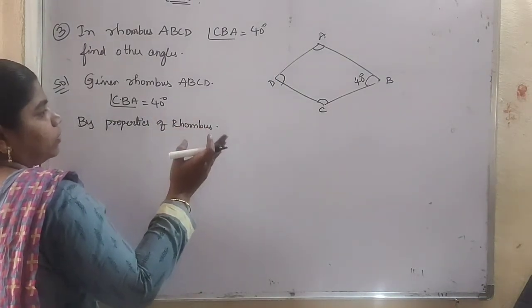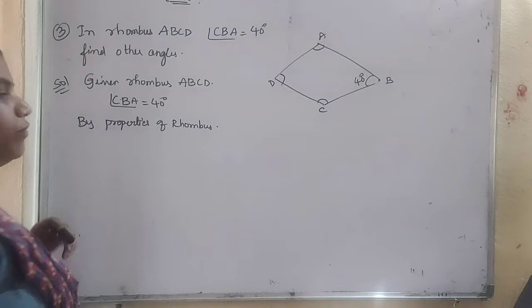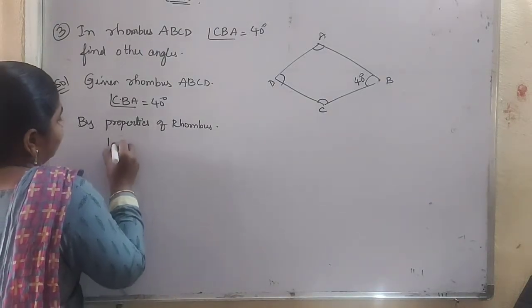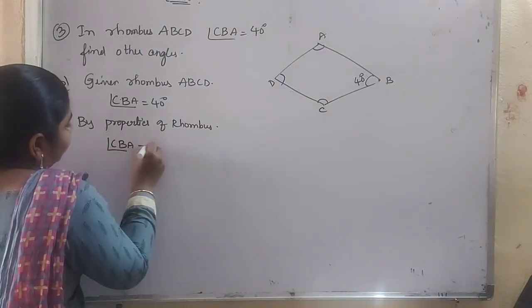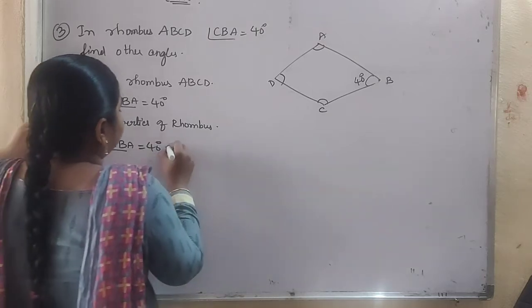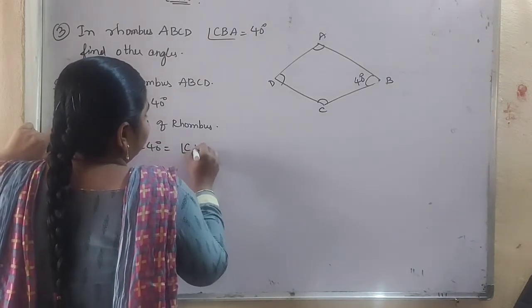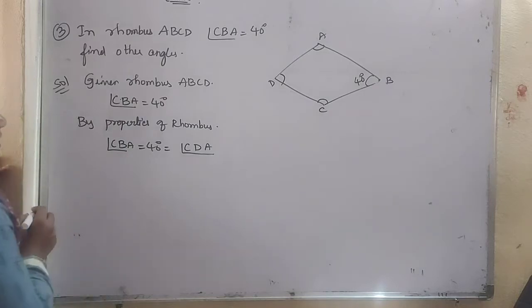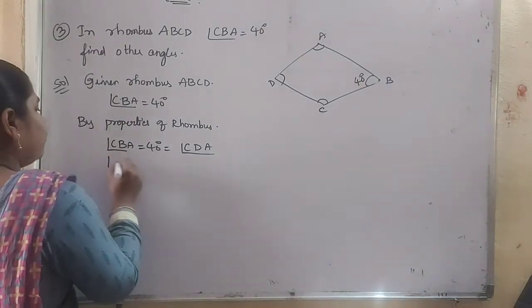So if B is equal to 40, D will also be equal to 40. Here angle CBA they have given as 40, therefore it will be equal to CDA also. That means angle CDA is also 40.